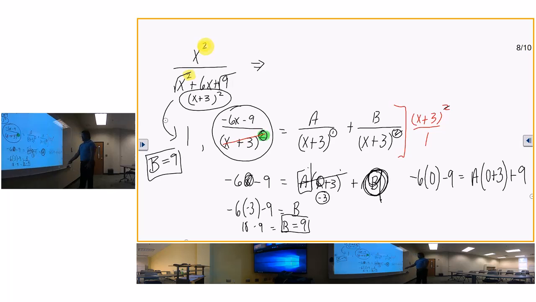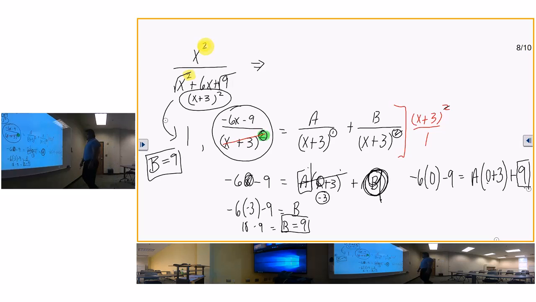I could plug in 1, I could plug in 2, I could plug in 597 and 1/2 on both sides. I could plug in 1,000 right here. As long as you know what b is, and b is by itself, you can plug in any number for x and still get the answer for a.